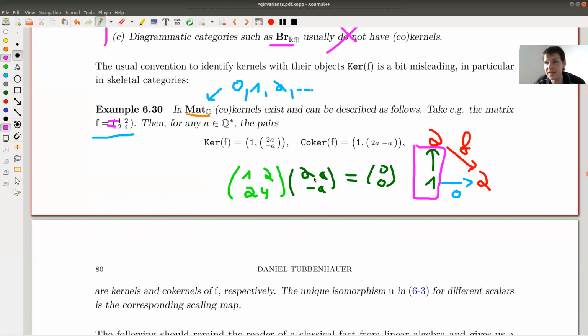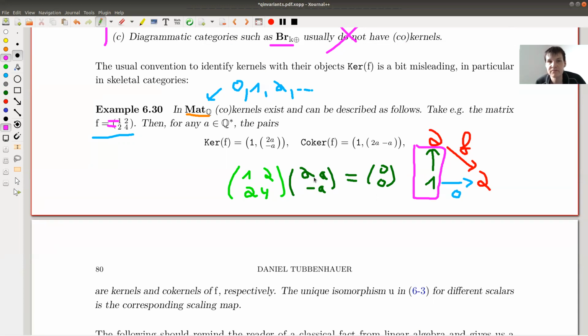And the choice of A, you could scale it out, you could choose anything. That's why a kernel is, in this setup, a pair of an object and a morphism. It's an object where your little matrix starts, and it's a morphism. It is all the things that kill your matrix.